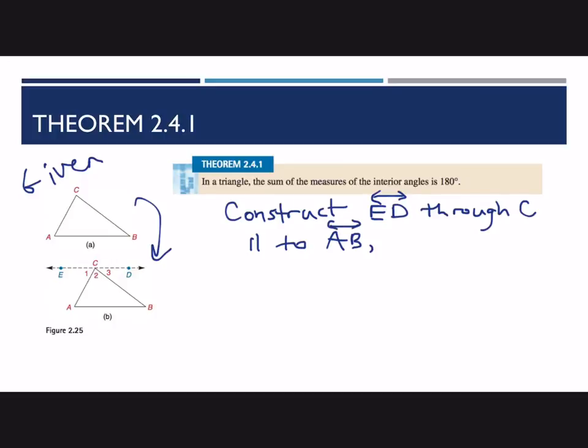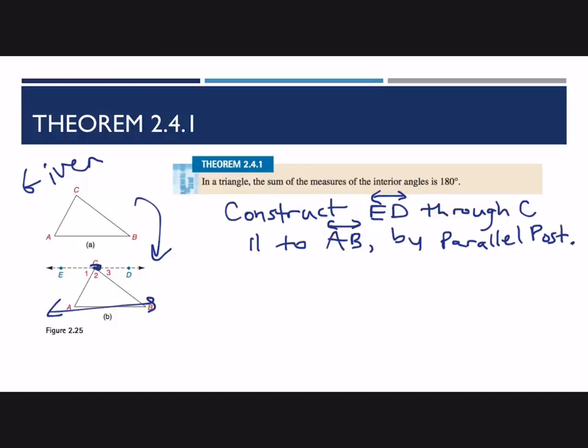Okay, well, why are we allowed to do that? This is by the parallel postulate, which says that through a point not on a line, so through C that's not on AB, there's exactly one line parallel to that other line AB.